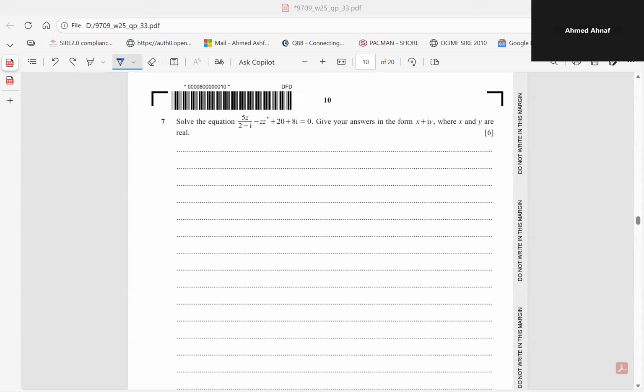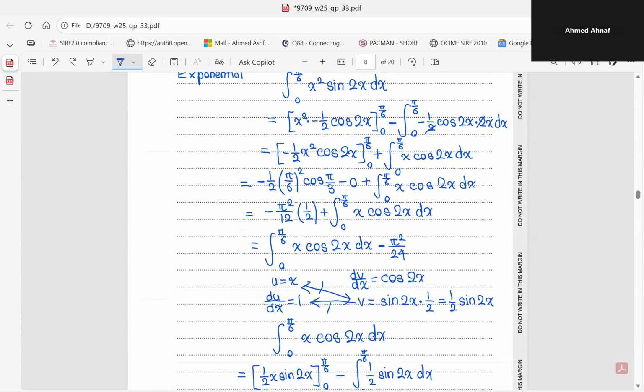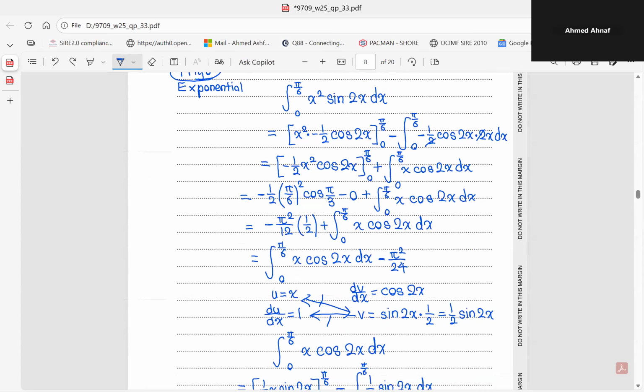Okay, so before I start this question, I realized I made a minor calculation error in the previous question. Here, I mistakenly wrote that pi over 6 squared times negative half is pi squared over half. So pi over 6 squared, that's pi squared over 36, times negative half, that is actually pi squared over 72.